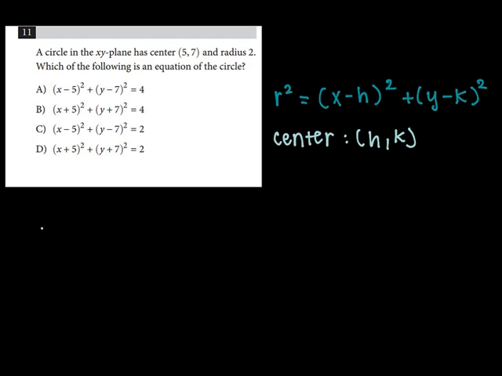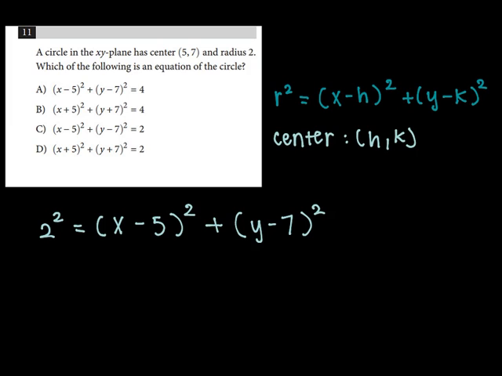So the radius is 2, so 2 squared equals (x − h)², and we're given 5 for the h value, so (x − 5)² plus (y − k)², and we're given 7 for the k value, so (y − 7)².